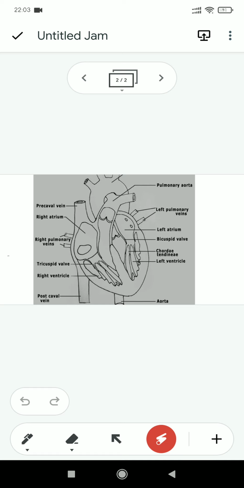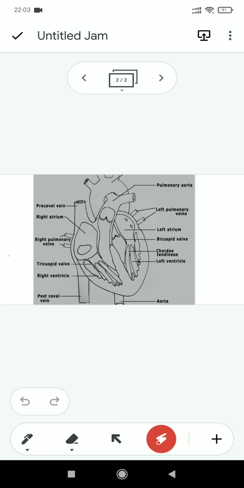In the same way, it was in diastolic position, then it contracts. As soon as the oxygenated blood enters, due to the high systolic pressure, the blood enters into the aorta.